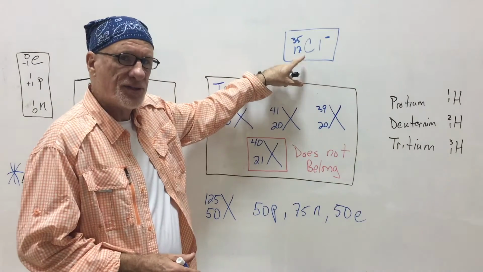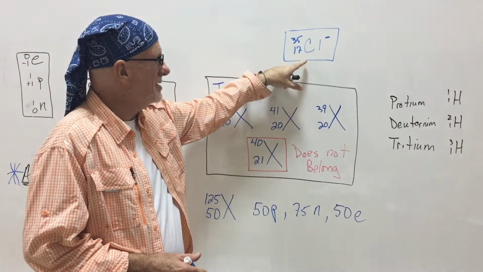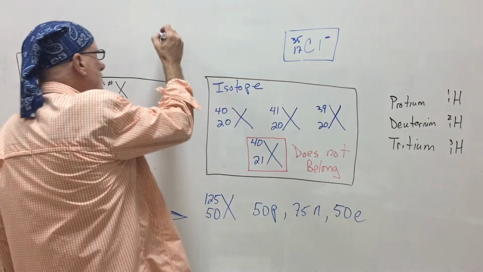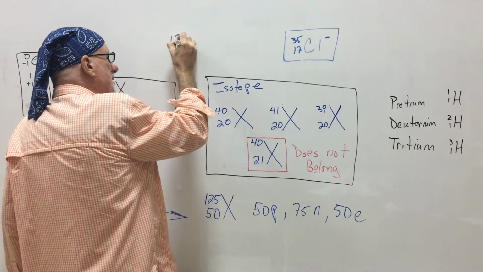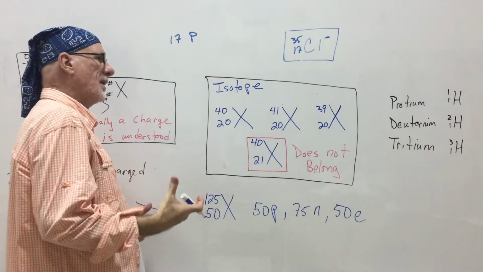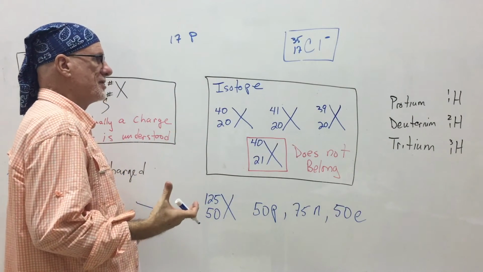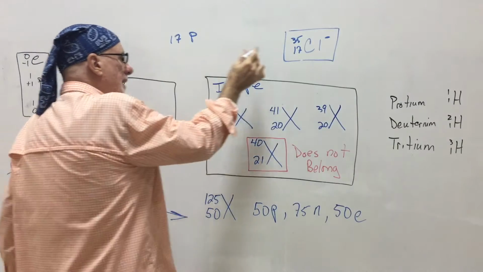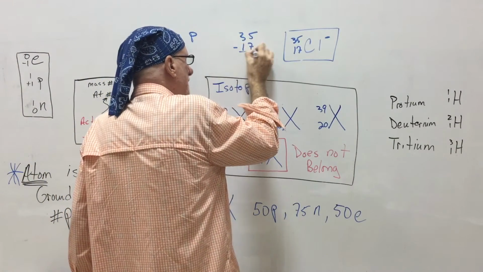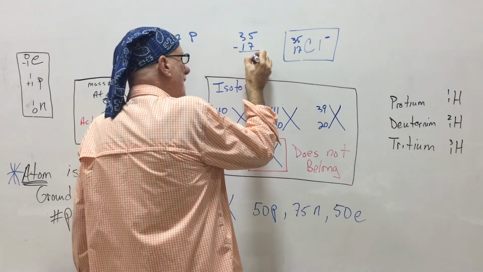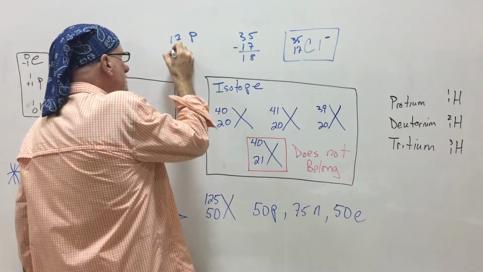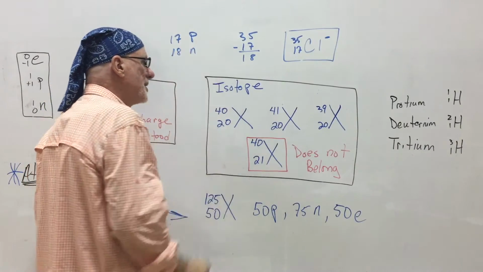Here, this is not ground state. This is an anion of chlorine. So it's going to have 17 protons. How many neutrons is it going to have? Well, it'll have 35 minus 17, which would be 18 neutrons.